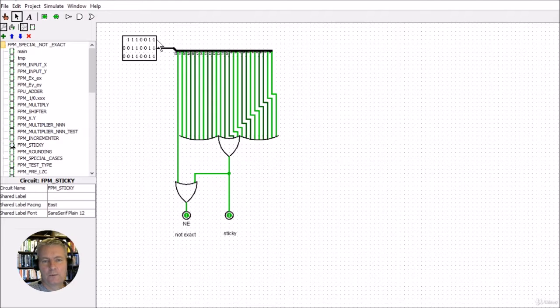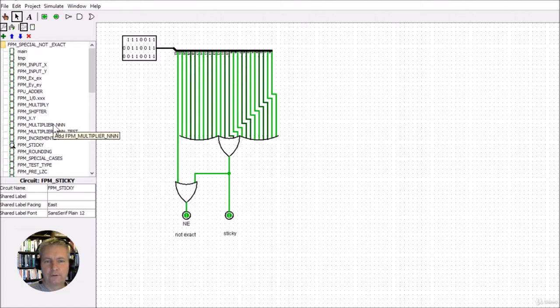But we can just take the other bit, the 23rd bit, and OR that as well, and take that out as the not exact. If any one of these 23 bits goes high, we know there is a value in one of those 23 bits, and when we truncate we're going to lose that value, so we're going to lose some information, or we're getting an inexact result. So this is our method of finding the inexact flag.